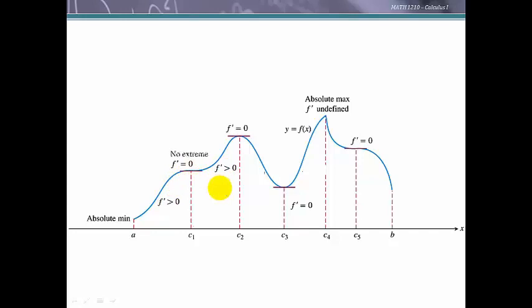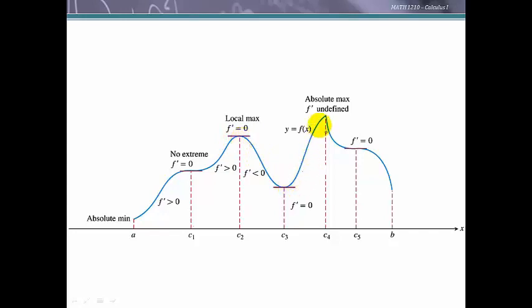This is a saddle point, it's no extreme value. Let's look at the function here. We see that we have a negative slope. The derivative is negative. The derivative was positive, then it was 0, then it was negative. That's a way to identify a local max.